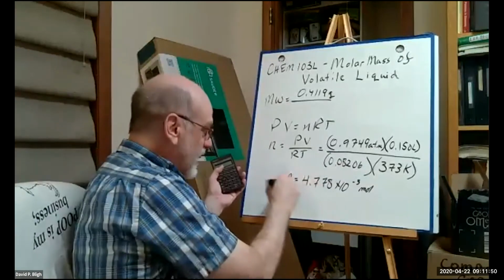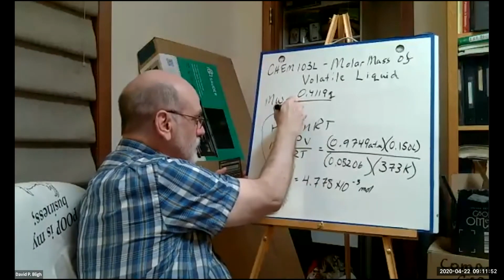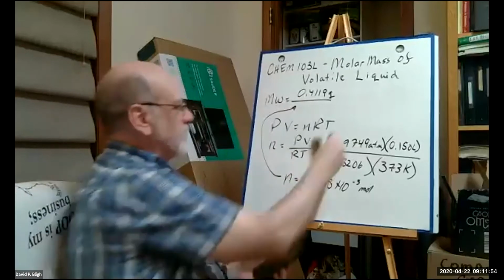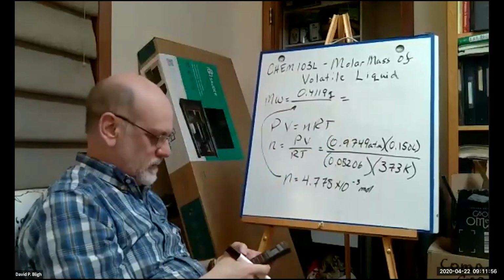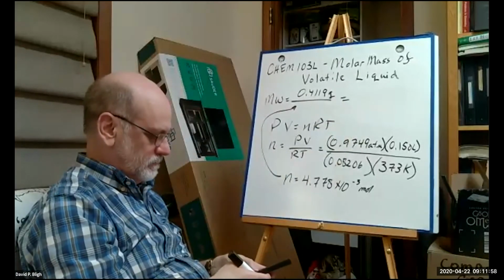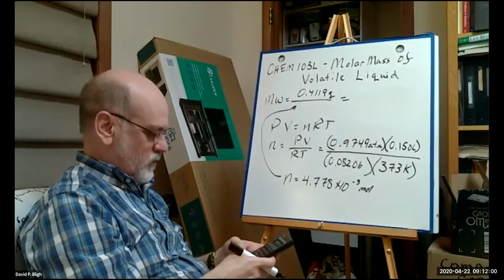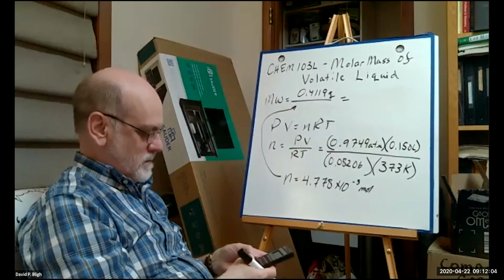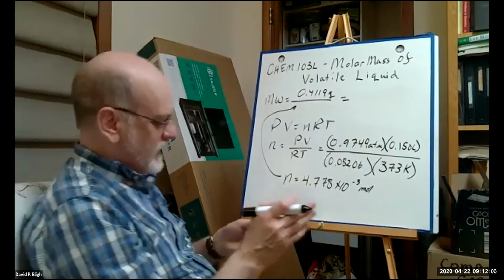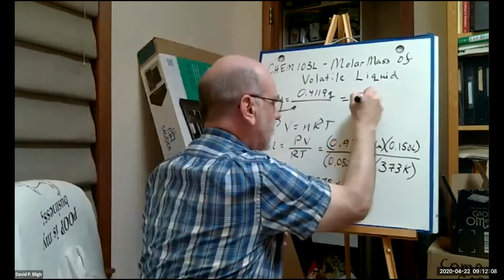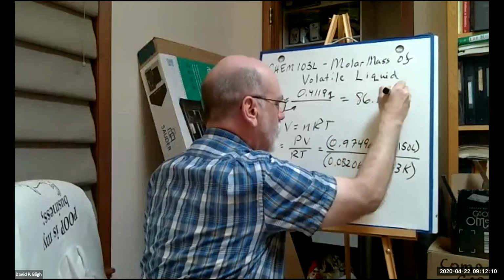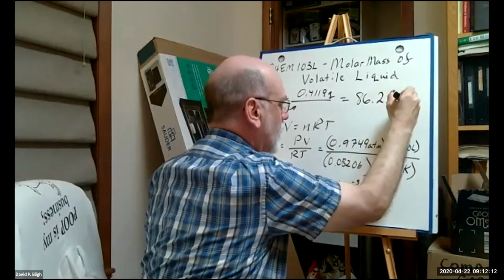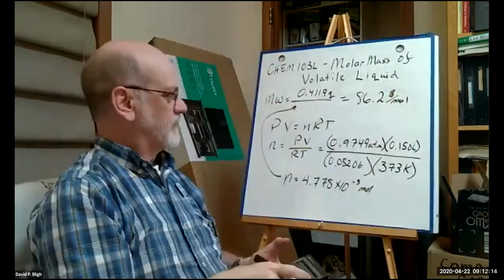So we should take this value and divide it into that number, 0.4119. I get 86.2 grams per mole.